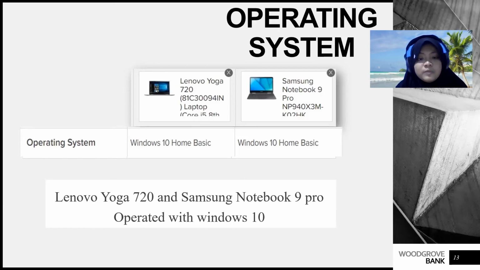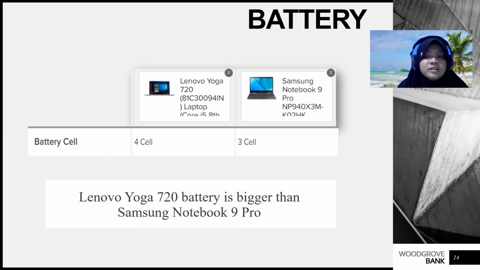The two laptops have the same operating system, Windows 10 Home Basic. So we can say that Lenovo Yoga 720 is as sophisticated as Samsung Notebook 9 Pro because they have the same operating system. Okay, the next slide will be explained by Satria.